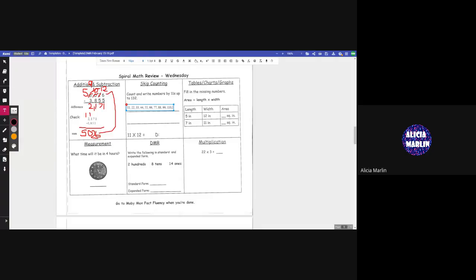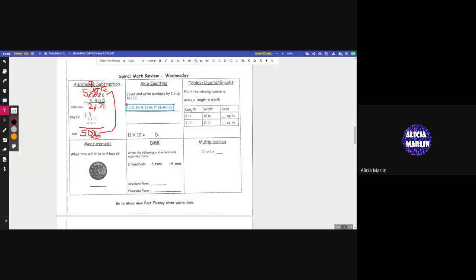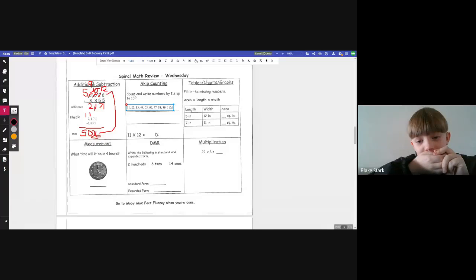Now that's where our counting stops on our classroom page. So we're going to take 110 and add 11. Who knows what's next? Blake, if you know, go ahead.